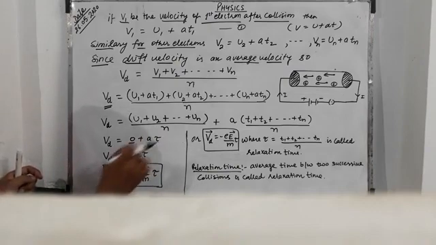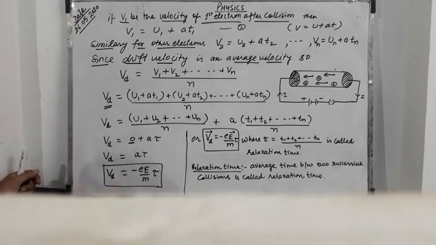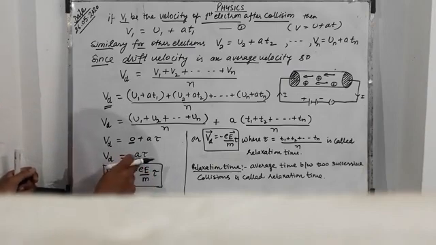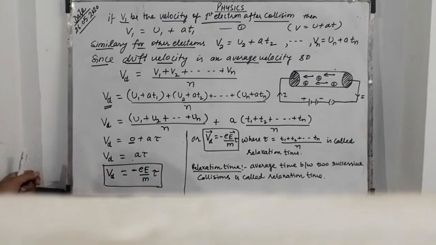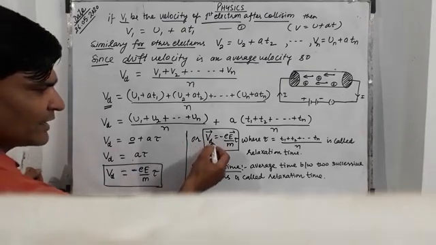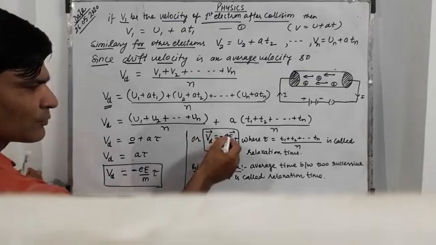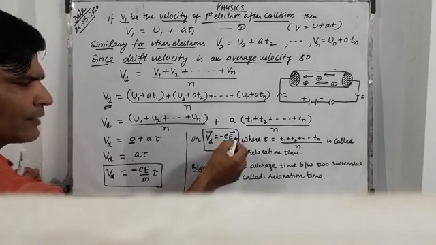Okay, so vd is equal to a tau. Okay, put the value of a, because a is equal to minus small e capital E upon m, so vd is equal to minus small e capital E upon m into tau.